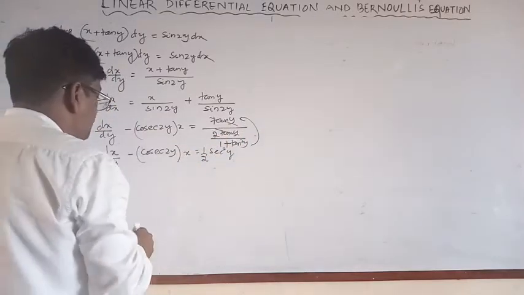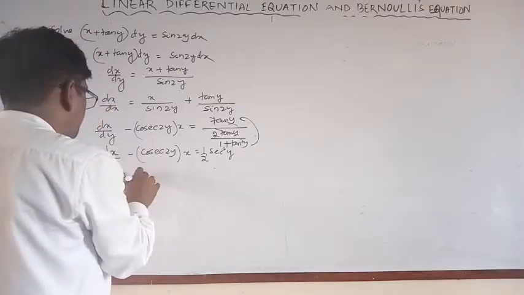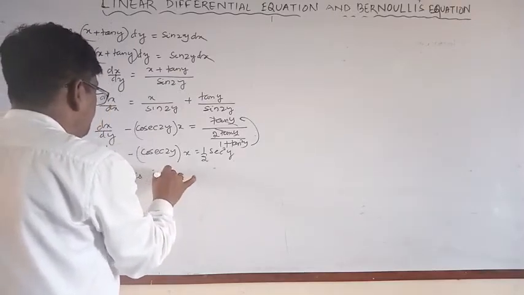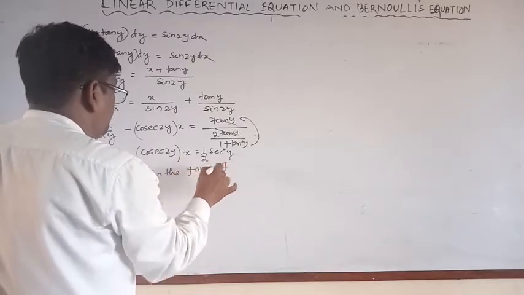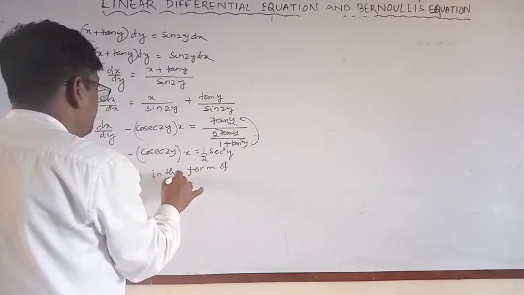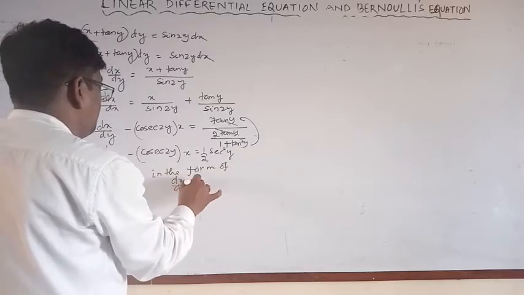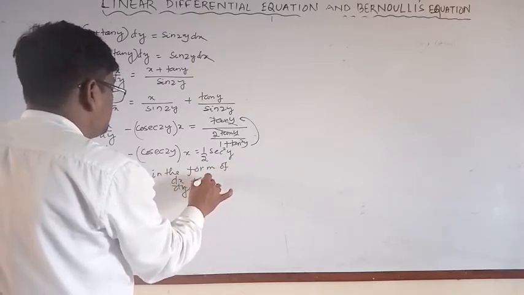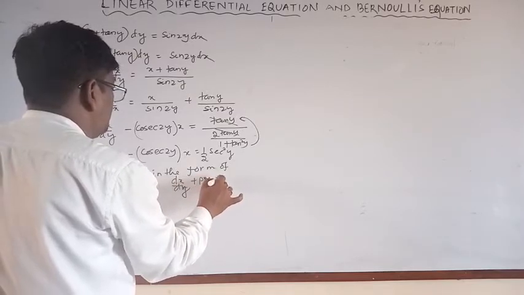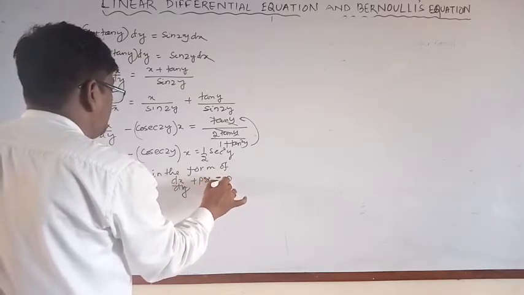Now it is in the form dx/dy + p x = q. This is type 2.